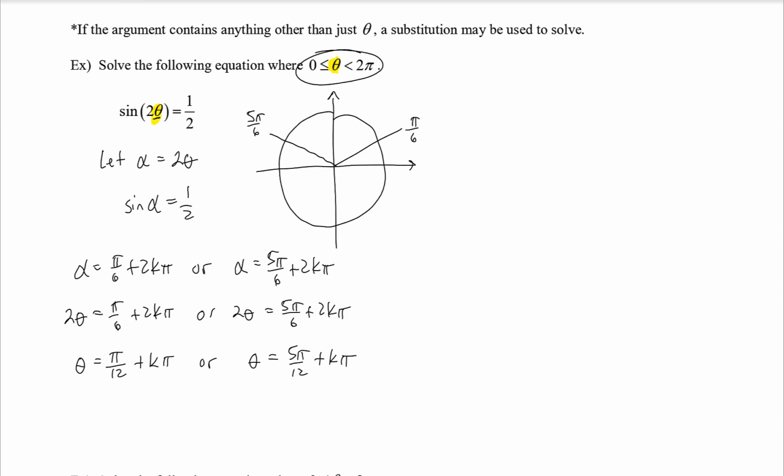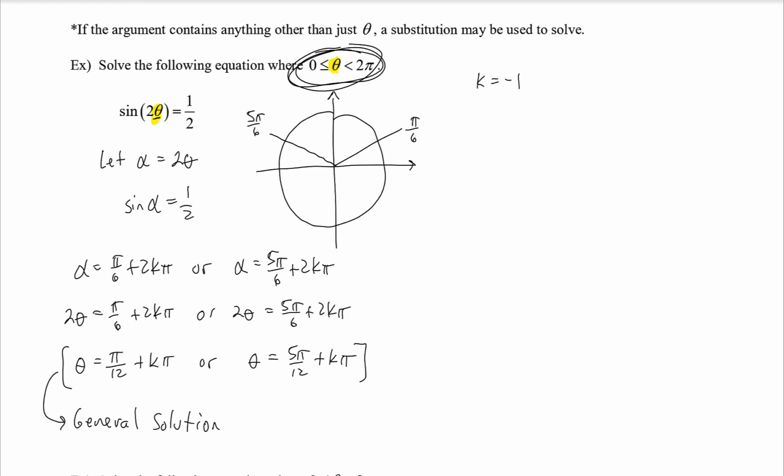This is the general solution, but that's not what we were asked for necessarily. They didn't ask us to come up with a formula that gave me every single answer. They asked me to find only the answers that are between 0 and 2 pi. So let's go find them.